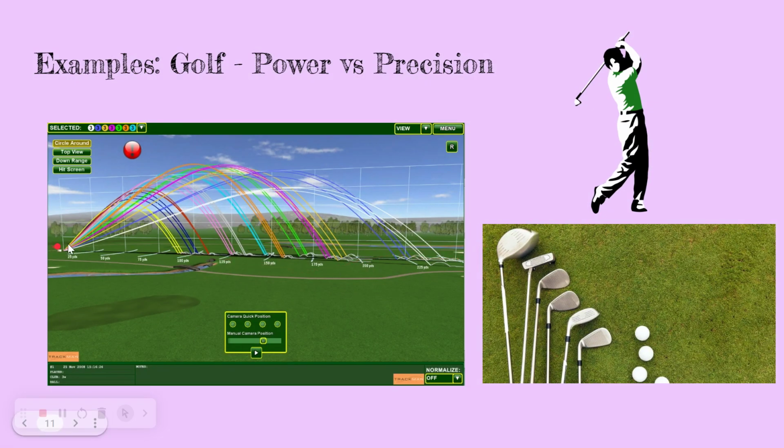So if you're just trying to drive the ball far and you don't really care about necessarily where it lands, obviously you want to be on the green, but you're just trying to drive it with distance, you're going to use a driver, right? But as you get closer and closer to the hole and you care more and more about precision and proximity to the hole, you might use a wedge, or if you get close enough, you might even start using your putter, right? So you can see that when I'm trying to cover great distances, I'm using the more powerful club, but when I get closer, I'm using the more precise club.